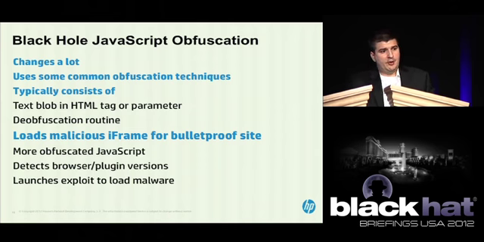They pull this out. They'll actually do a split to turn their text blob into an array of integers if it's not already, and then they run it through a deobfuscation routine.